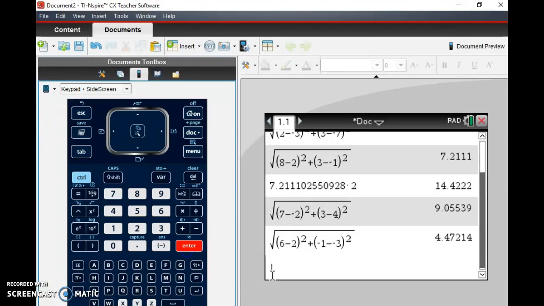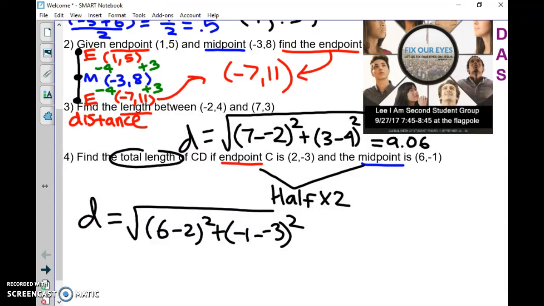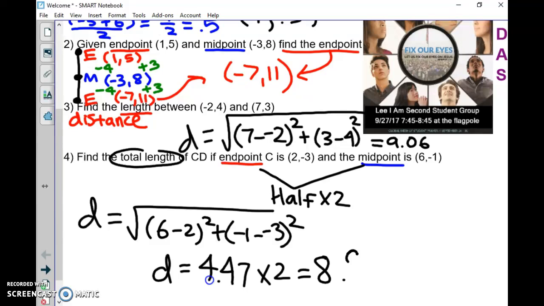Type it in, I get 4.47, but that's only half, so again, times it by 2. I can check yours in a minute, but 4.47, we double it, we get 8.94. So we get that distance, we multiply it by 2, and we get 8.94.